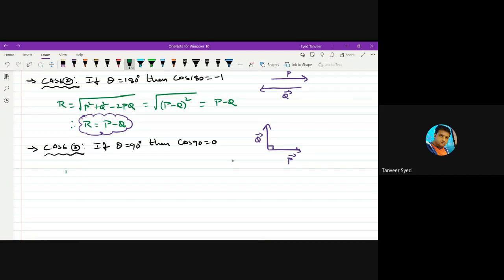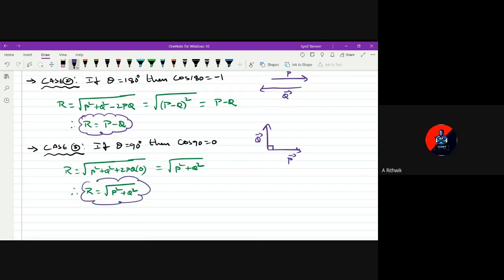Then resultant will be root of p square plus q square plus 2pq into 0. Cos 90 is 0. That means root of p square plus q square. So the resultant of two perpendicular vectors p and q is root of p square plus q square.